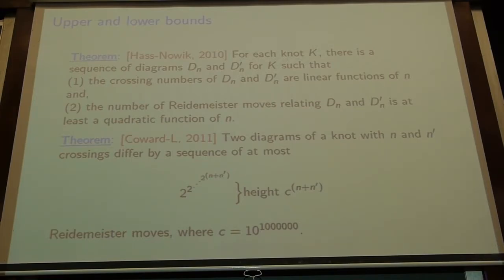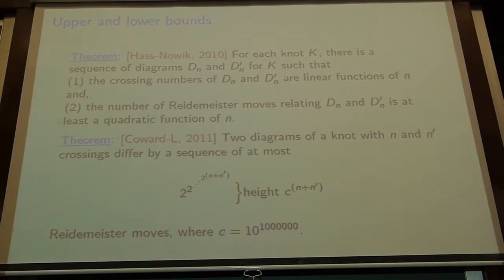Yeah. So, in the Hass-Nowik theorem, what if you ask about the number of moves you need to take dn down to a fixed, like let's say the minimal representative? Right. Because you're taking a fixed knot type, like the trefoil, and then you're taking these sequences of pairs of increasingly large diagrams, and you're saying it takes a long time to go from this one to this one.